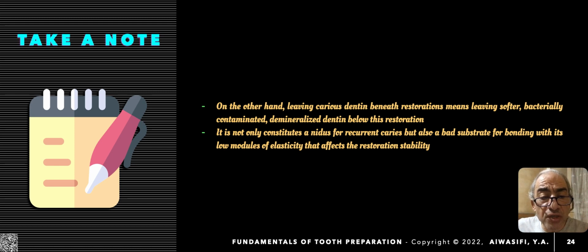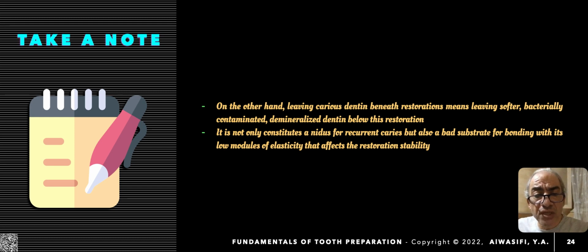It not only constitutes a need for recurrent caries, but also a bad substitute for bonding if you are going to restore the tooth with a bonded restoration. But this is in controversy with what I mentioned one minute ago. You mentioned that non-demineralized tissues and repairable tissues that could be remineralized could be left.